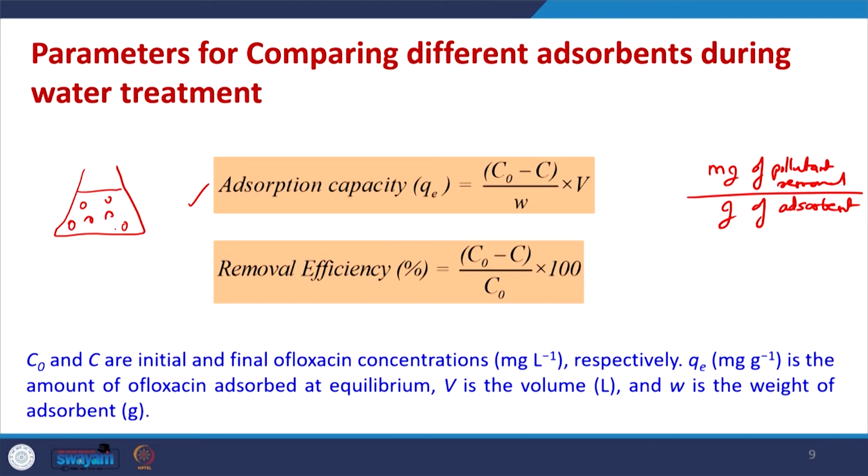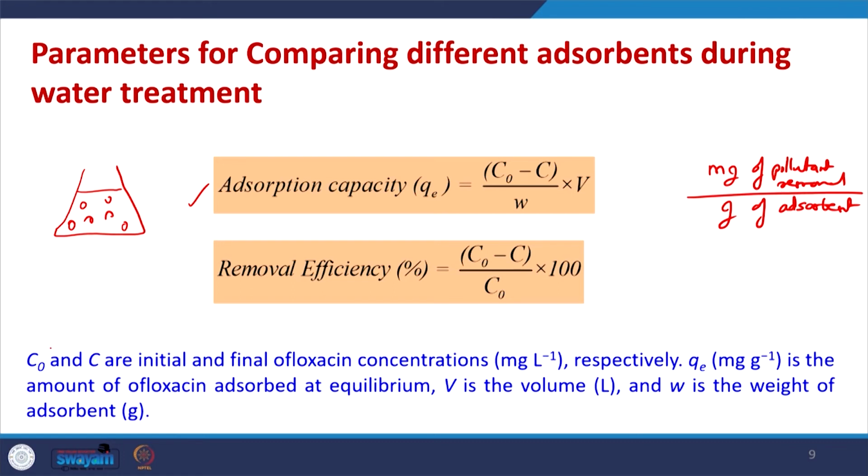These details we will discuss later, and we shake these beakers for certain durations. The larger the duration, the better. We can shake them for 24 hours, 48 hours, and after that we check the concentration.